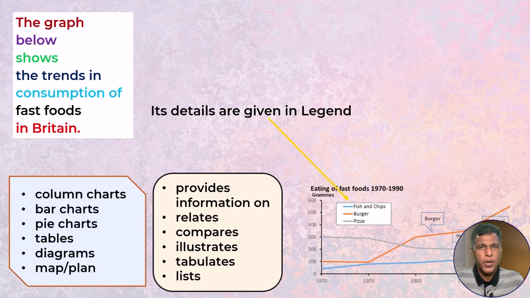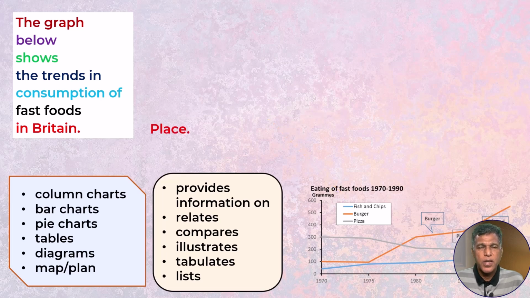Actually, this is the topic of the statement. And the legends contain the specific fast foods, fish and chips, burger and pizza. Finally, Britain is the name of the place. So you see, every word in the task statement gives us important clues.